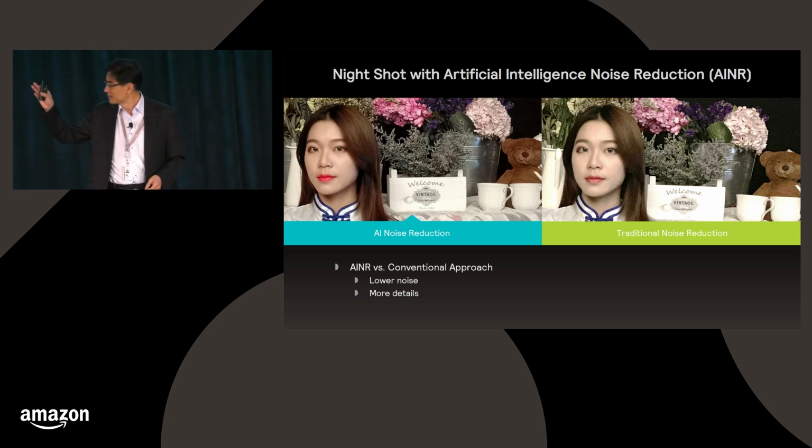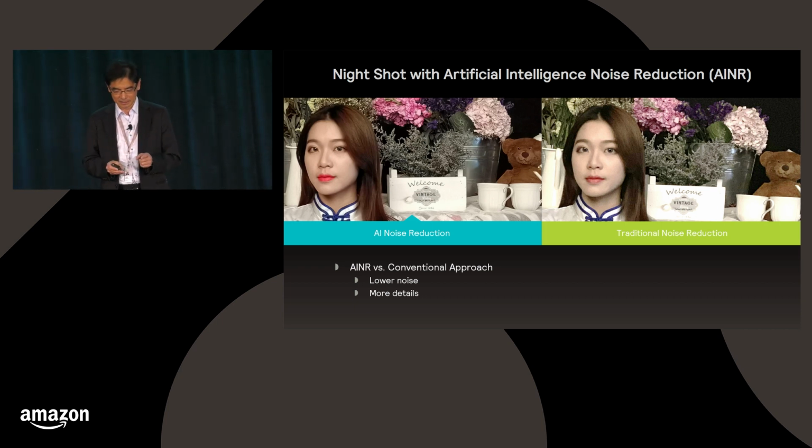The right one is based on AI. However, the left one is based on traditional noise reduction techniques. As you can see, on the right one the noise level is much lower, while it preserves more detail.